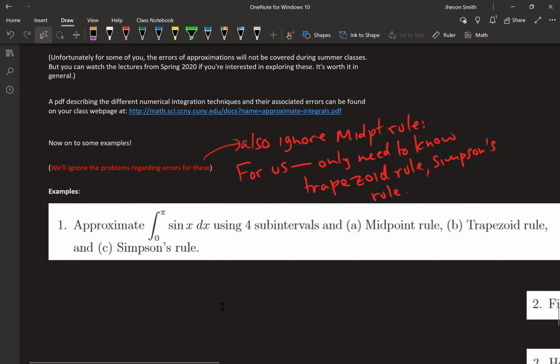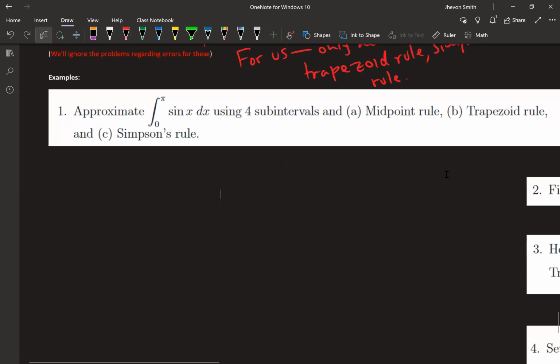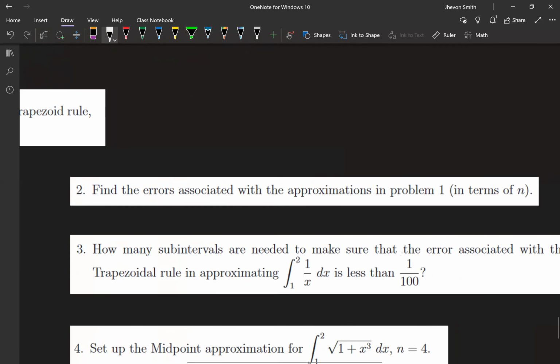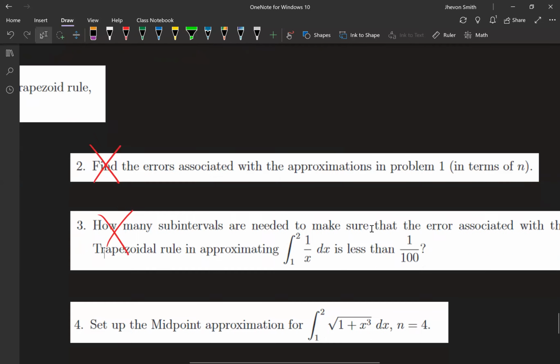So let's actually do this. So here for this question, we are going to, of course, ignore the thing that says midpoint. We're just going to do the trapezoid rule and the Simpsons rule just for you guys to see how it actually works out. And we're also going to ignore this example, and we're also going to ignore that because you need to know about errors to talk about that.